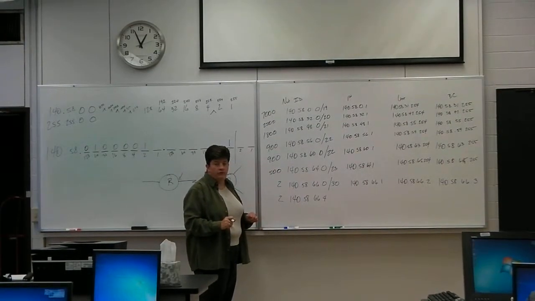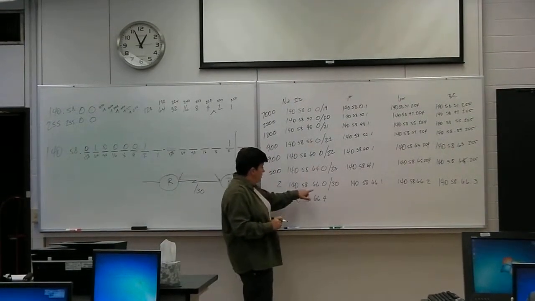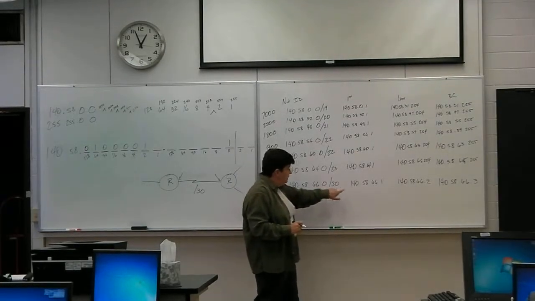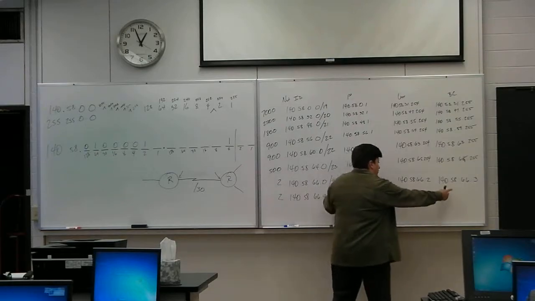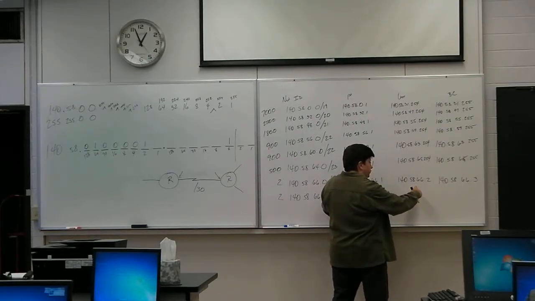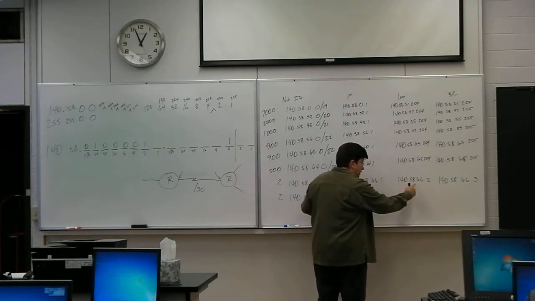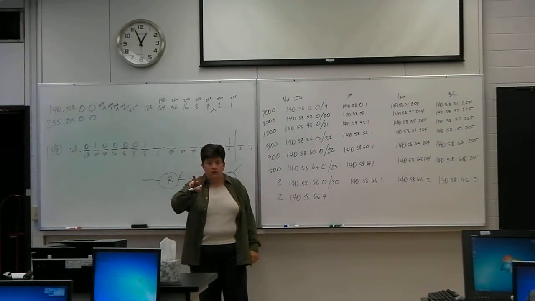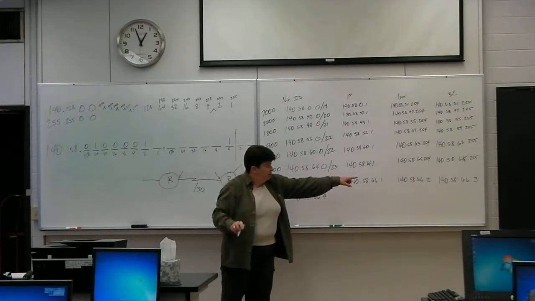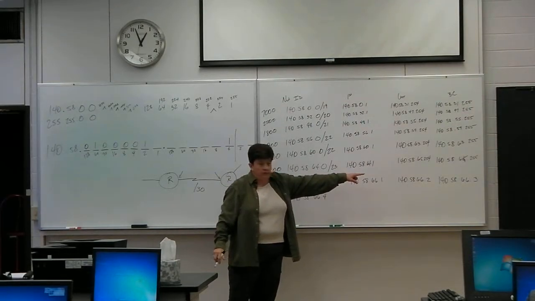How many usable addresses do I have? Here's my network ID. One larger is 1. Here's my broadcast. One less than that is 2. Well, I can use the .1 and the .2. I gave you exactly 2 addresses like you asked for. Network ID. If I want to talk to both of them at the same time, I'll use the .3 down there.